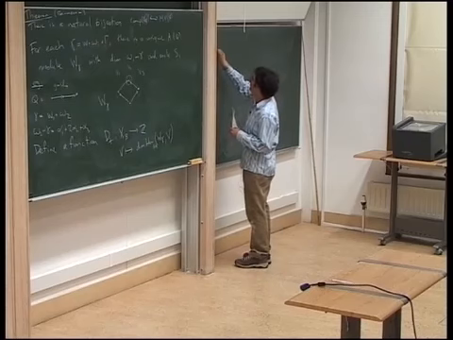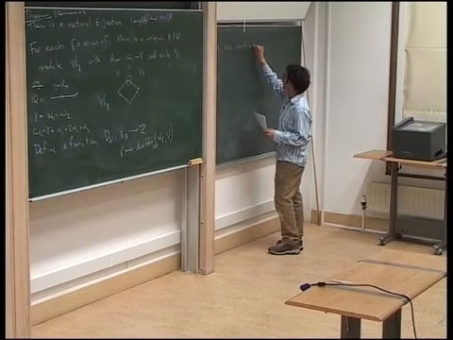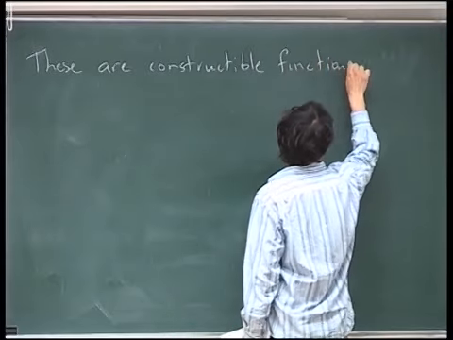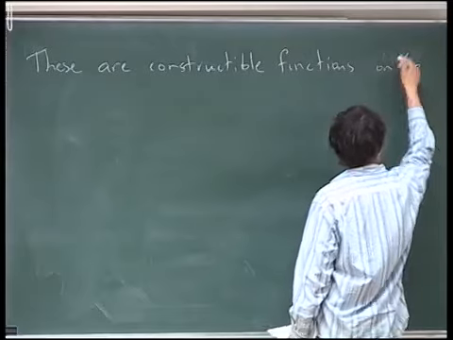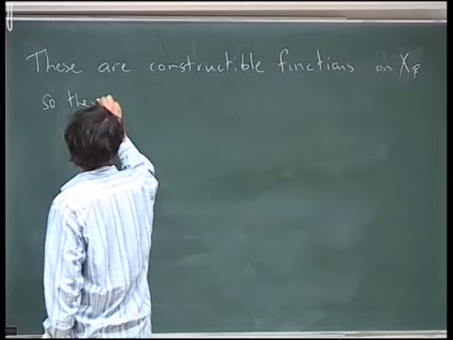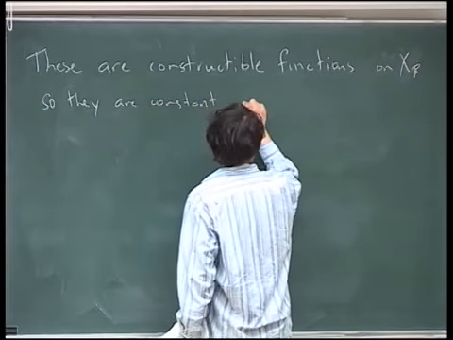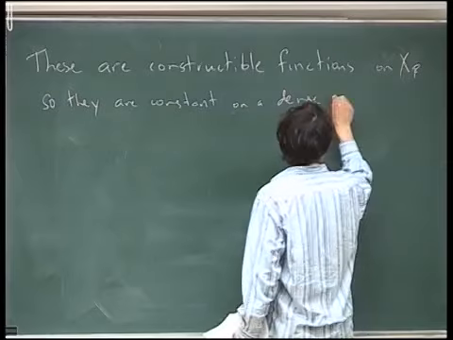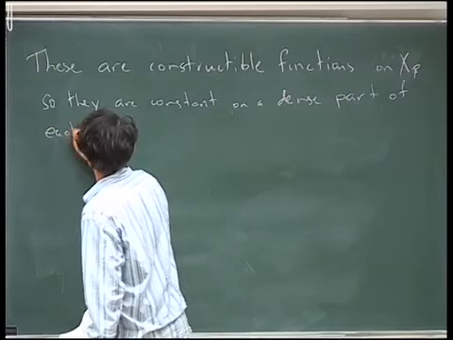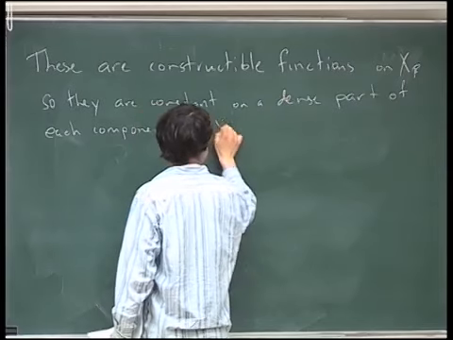So these are constructible functions on this algebraic variety. They are constant on a dense part of each component of X beta.